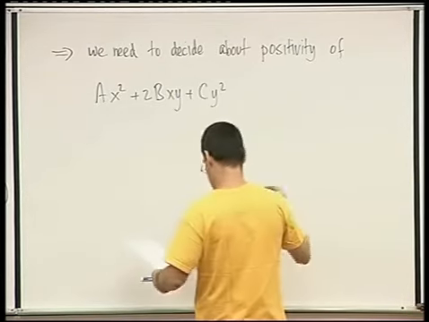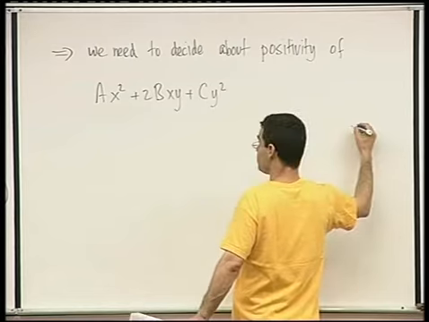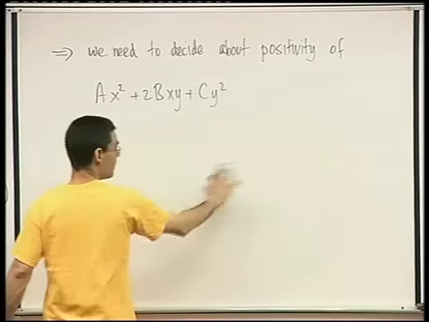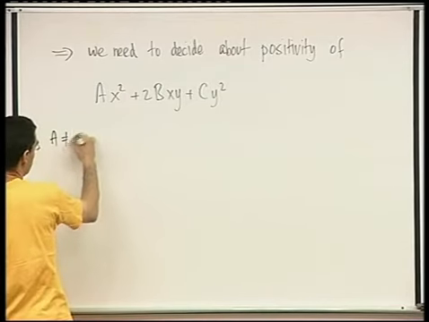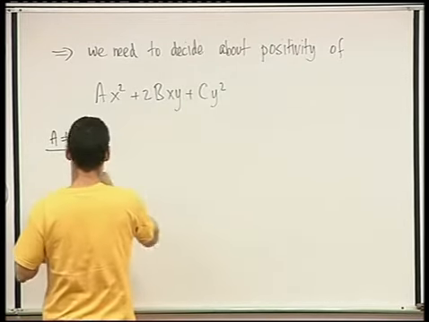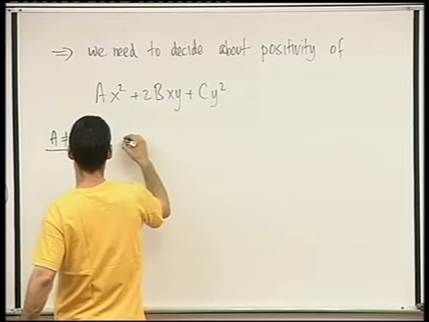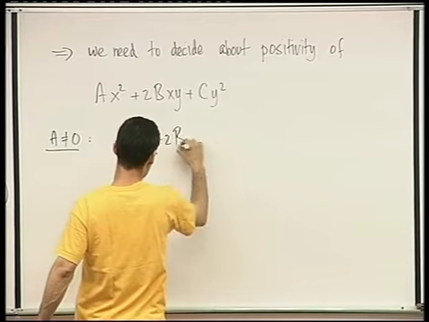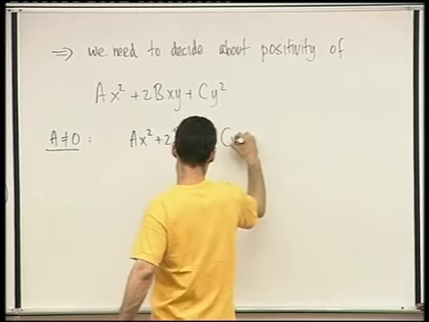So let's do that. We're going to have several cases. Let's assume first that a is not 0. This is the first case that we're going to study. A is not 0. I'm going to rewrite ax squared plus 2bxy plus cy squared.